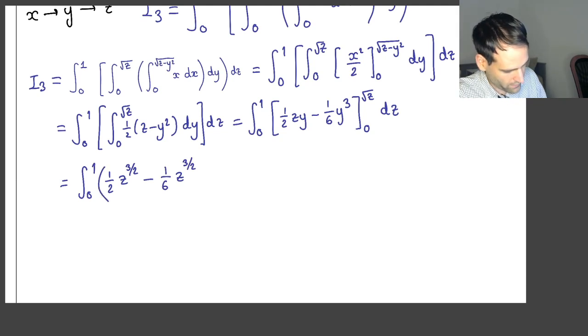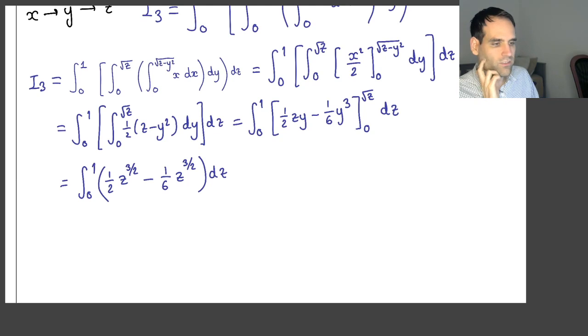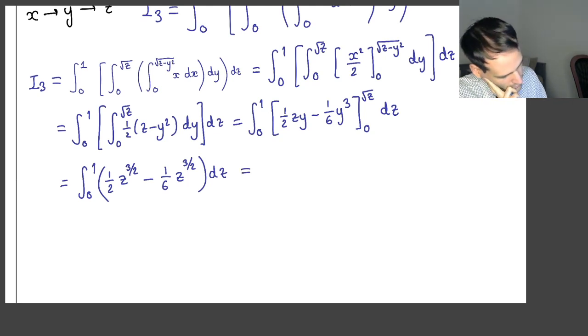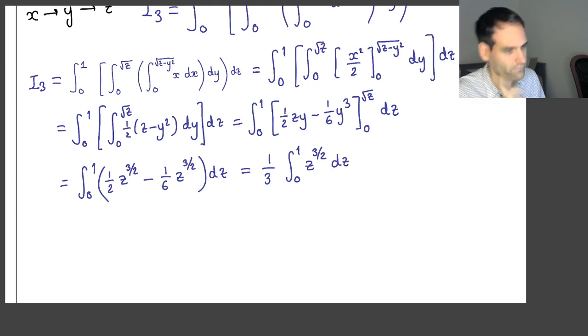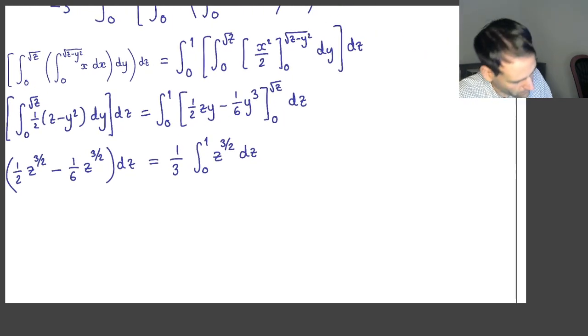Okay, and this we need to integrate with respect to z, but actually 1/2 minus 1/6, that is 1/3, which we can keep outside. So this will be 1/3 of the integral between 0 and 1 of z to the 3/2 dz.